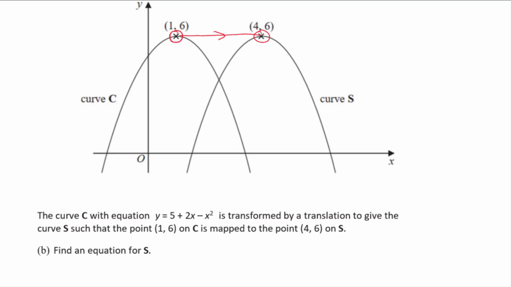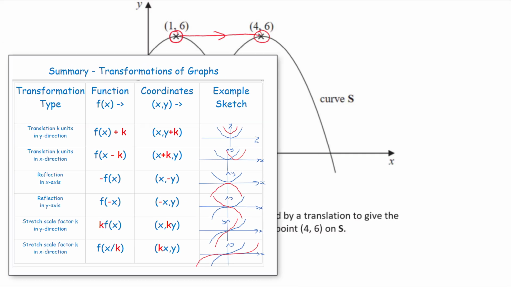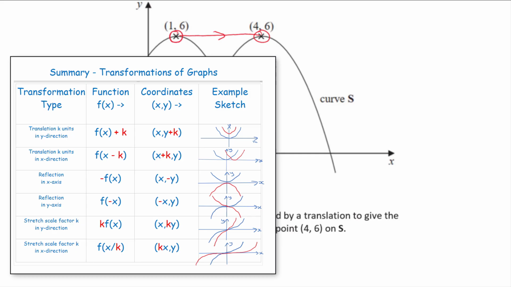Now that is a translation. It's been translated 3 units to the right. So f of x goes to, it's a translation of 3 units in the x direction.